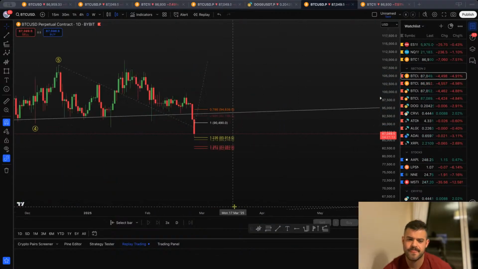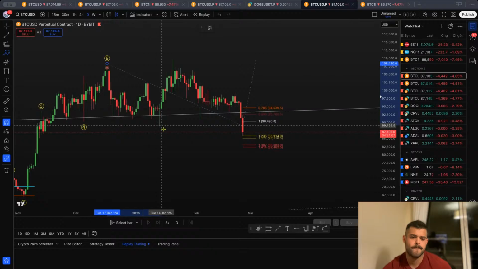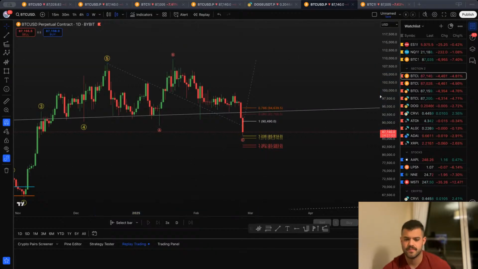That's nice. Okay, let me go ABC. A, B, C. Cool. So like I said, the C wave will retrace anywhere from the 1-to-1 to the 1.236 to a maximum of 1.414.